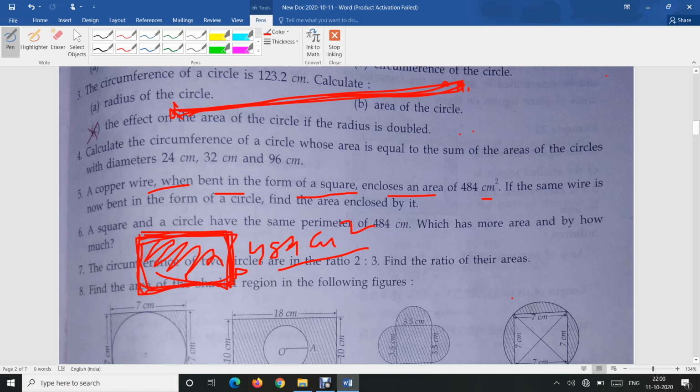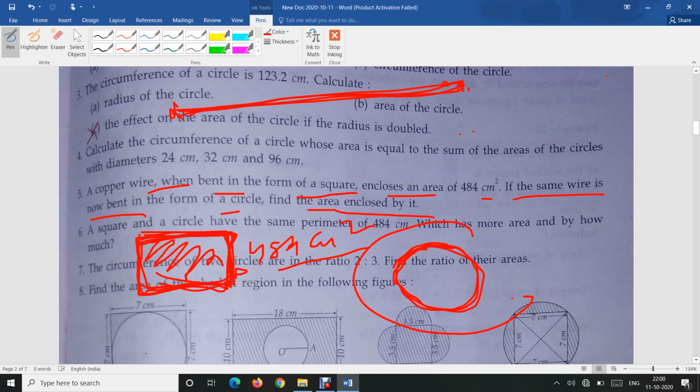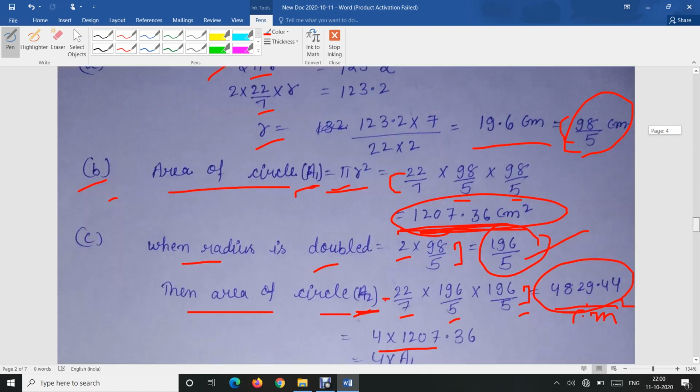And if you bend the same wire in the form of a circle, then again the length will be the same, because length is not cut or added, so the length will be the same. So the perimeter will always be the same if you are using the same wire. After that, if the same wire is now bent in the form of a circle, then find the area enclosed by it. You have to find the area of the circle.